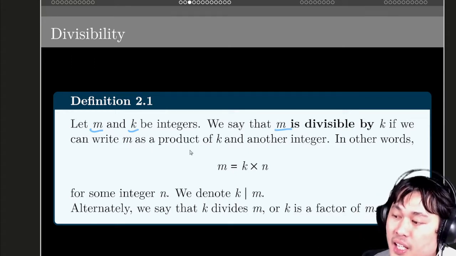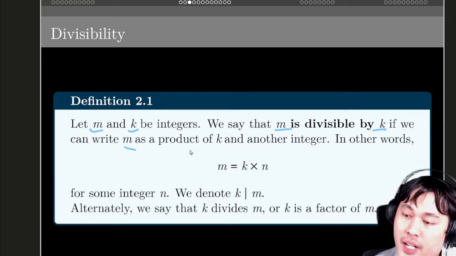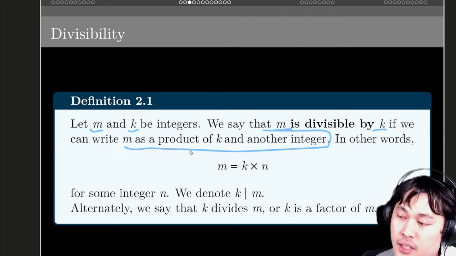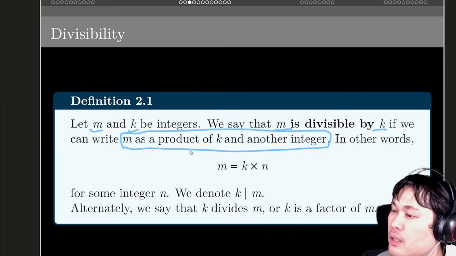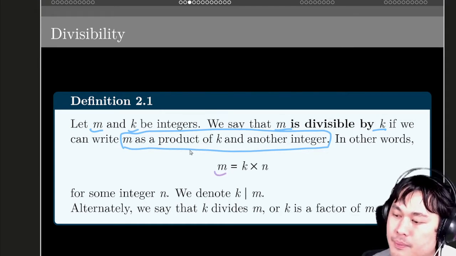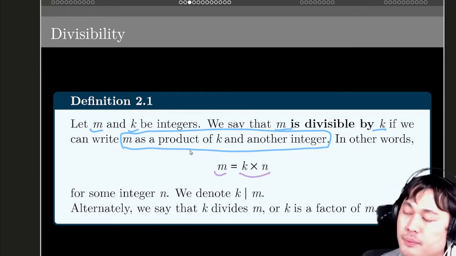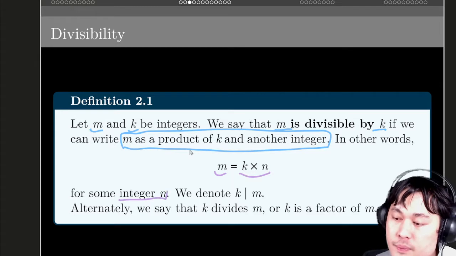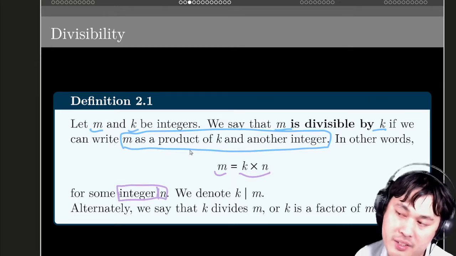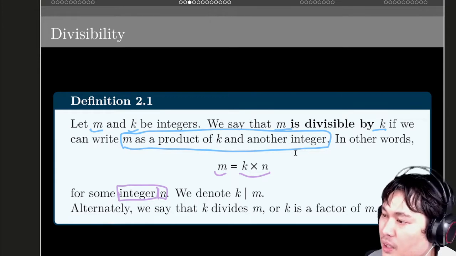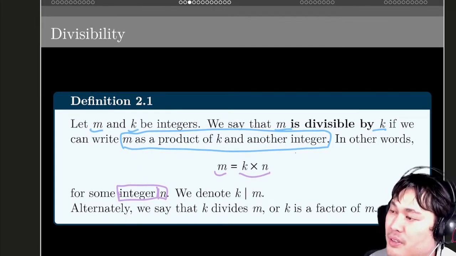And we say that m is divisible by k if we can write m as a product of k and another integer. And we can divide them. In other words, we can write m as k times n, integer n. Again, this word is important. N needs to be an integer.